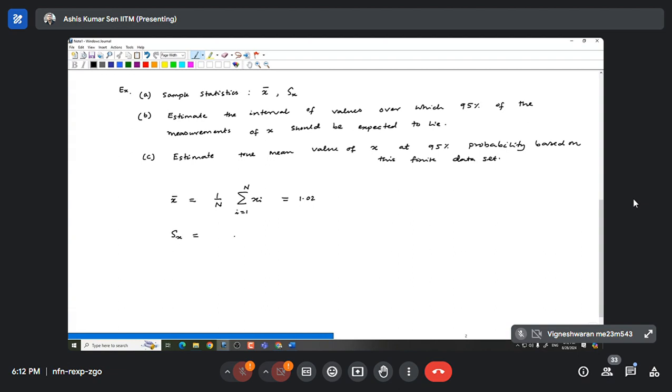And I can estimate the standard deviation for this finite data set, which is 1 over n minus 1, that is the degree of freedom, sum i equal to 1 to n, xi minus x mean that we have just evaluated, square of that, and whole square root.